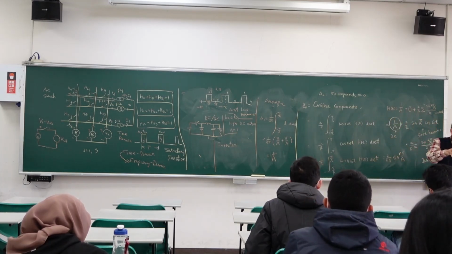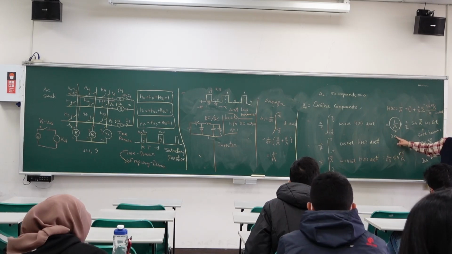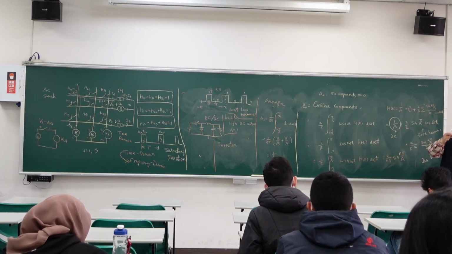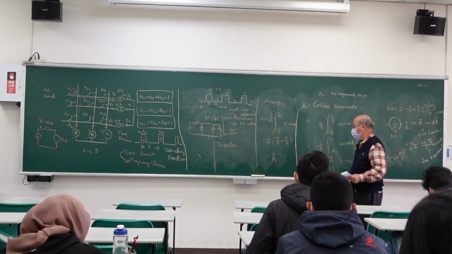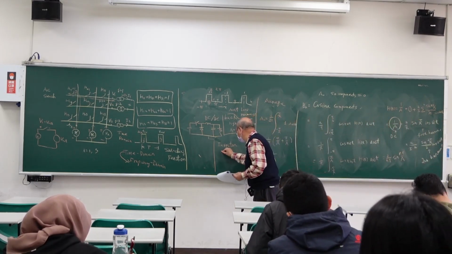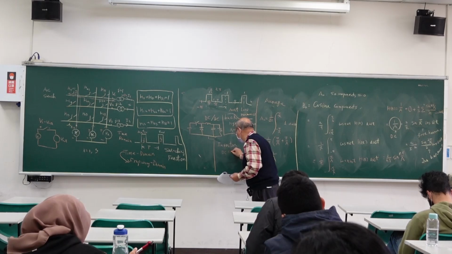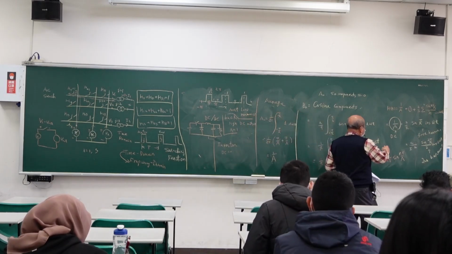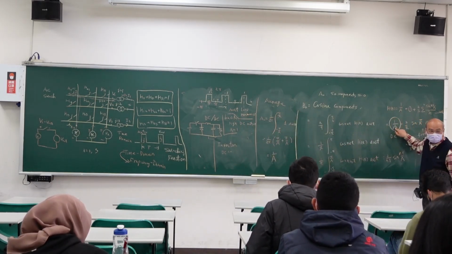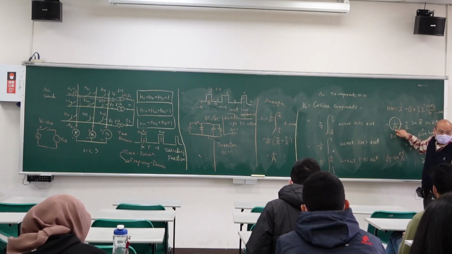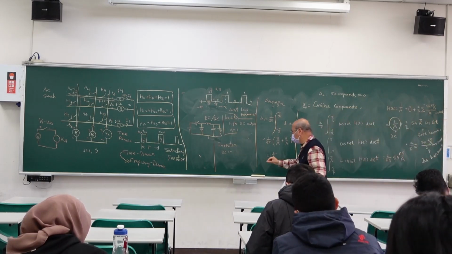If you drive a motor, do you like DC? No, right? So DC should be 0. So then DC should be 0. If DC is 0, then A is small or larger? Larger. A should be larger.